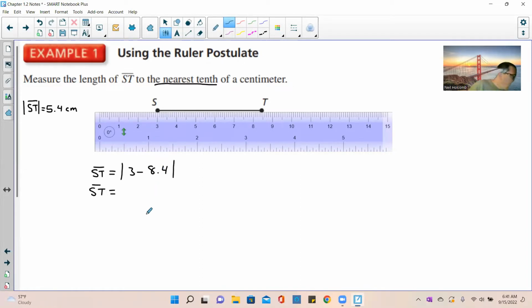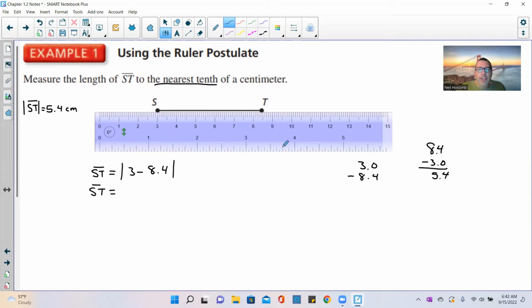If I take 3.0 minus 8.4, how do we subtract a bigger number from a smaller one? All you really do is take the bigger minus the smaller: 4 minus 0 is 4, and 8 minus 3 is 5, so 5.4.